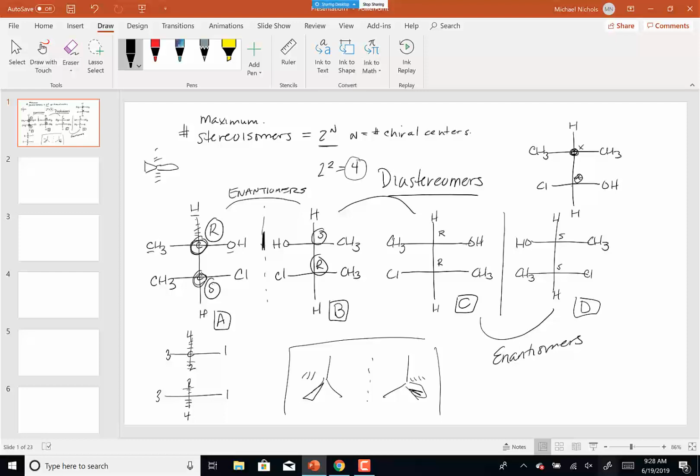So in other words, we need a new term. What are diastereomers? Well, my definition of diastereomers is that they are non-superimposable, meaning that you can't superimpose them, but they're also non-mirror image isomers. So diastereomers are non-superimposable, non-mirror image isomers.